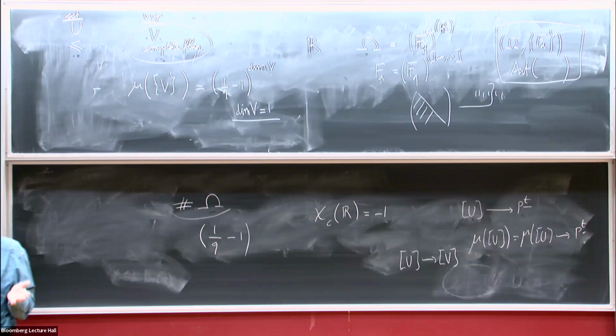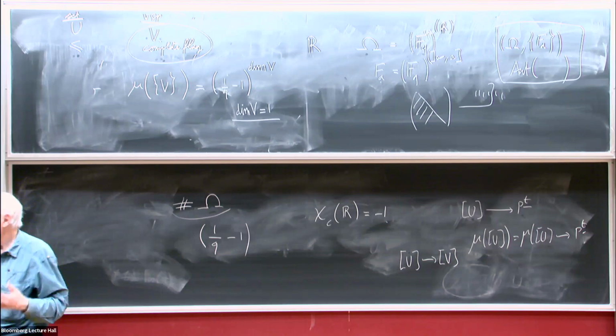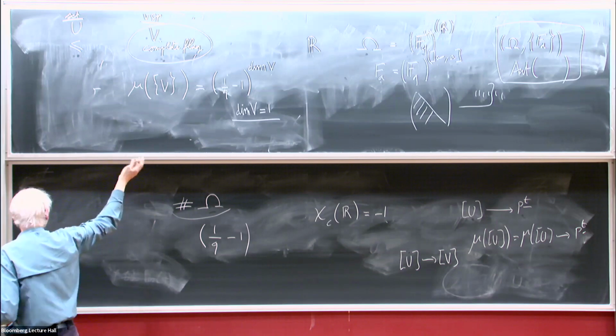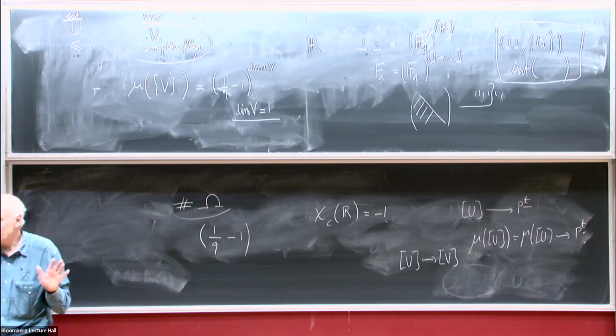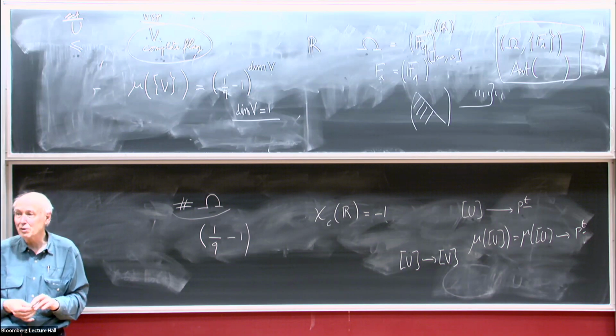And this has been done in a number of cases. In a number of cases, you will get something nice like this, plus some degenerate things. But in a number of cases, one knows exactly what is happening.